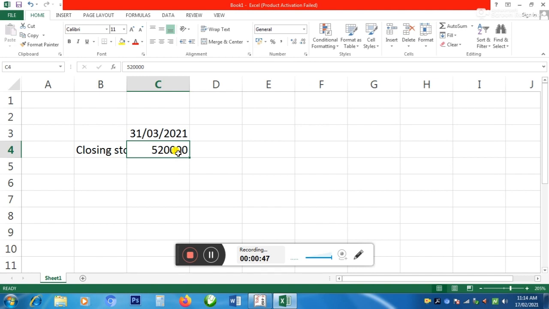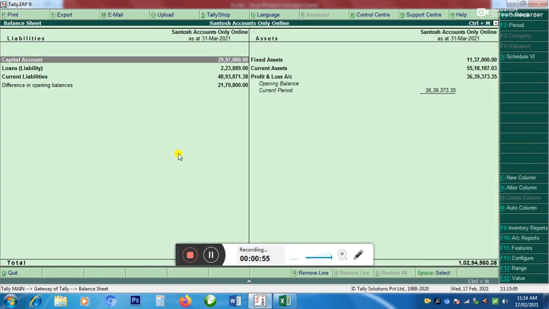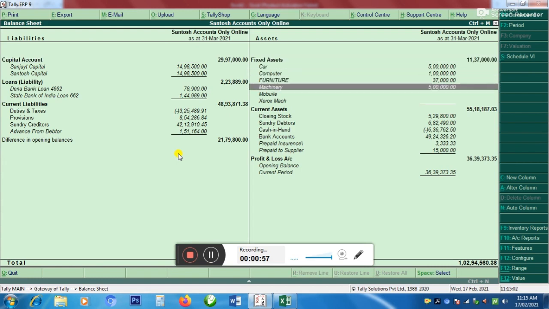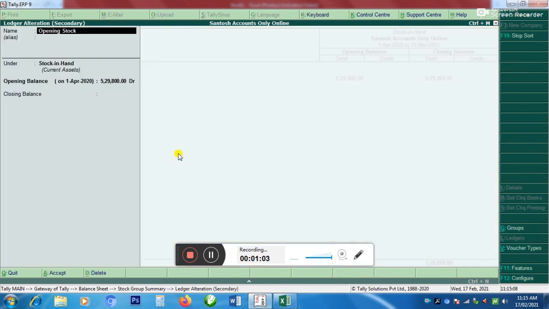To pass this entry of closing stock, go to the balance sheet, details of the balance sheet, then go to the closing stock, and alter this ledger.